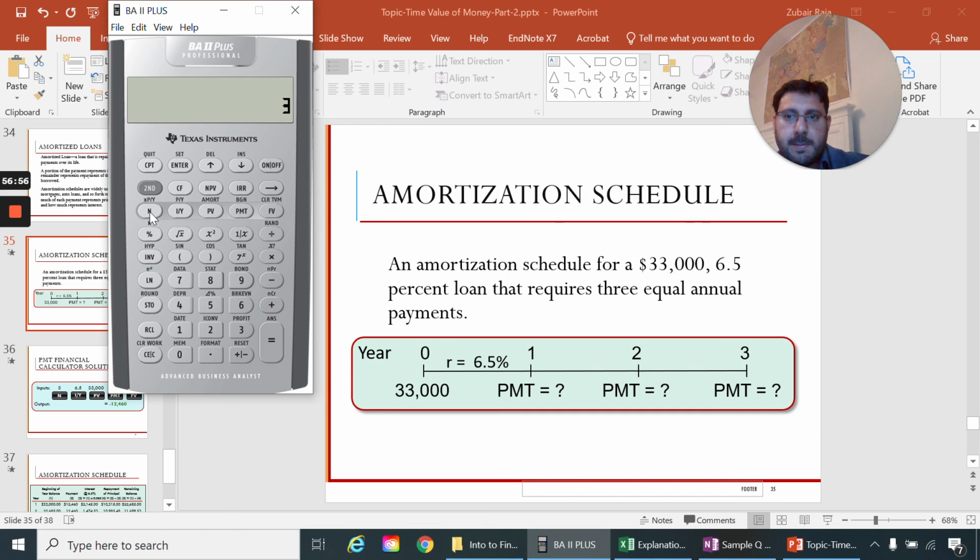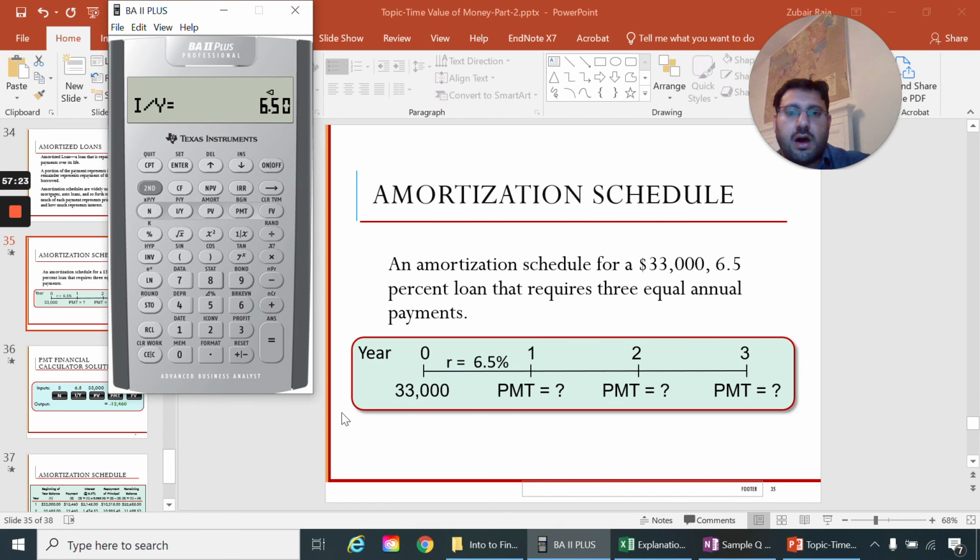So 3 N. What is the interest rate the person is charging me? 6.5%, from whom I have borrowed 33,000, right? Keep it simple, I'm borrowing. So 6.5% is my interest, right?